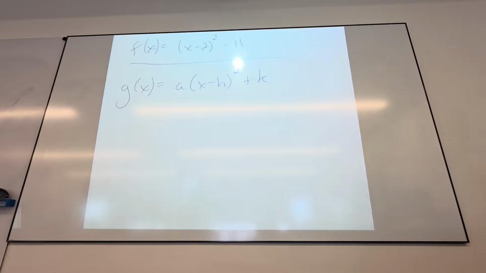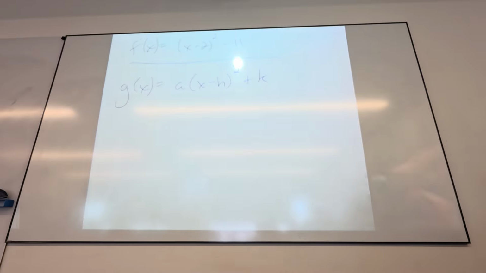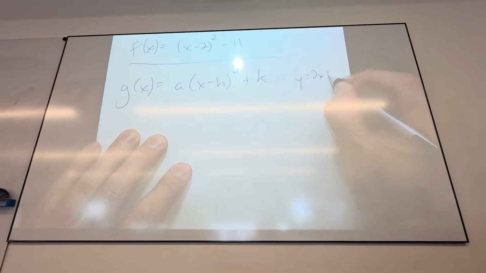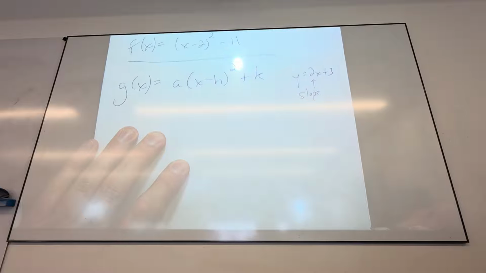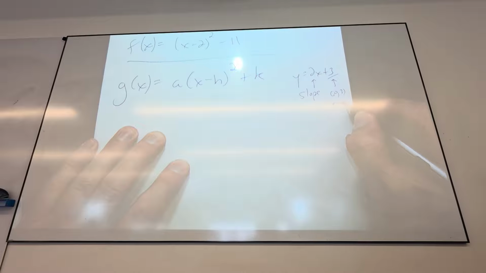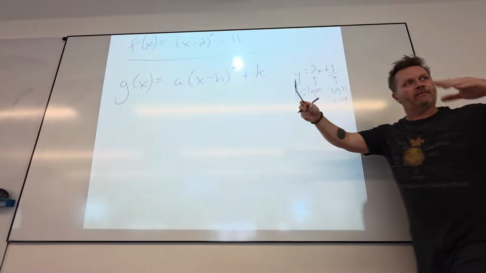You have the slope. Tell me what the slope is. What's the slope? 2. Now somebody else that I haven't heard from yet. What's 3 tell you? Yes, the y piece of the y-intercept. Why does it tell me all that? Because it's in the form mx plus b.